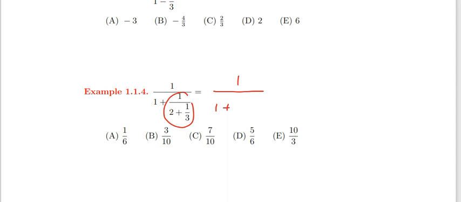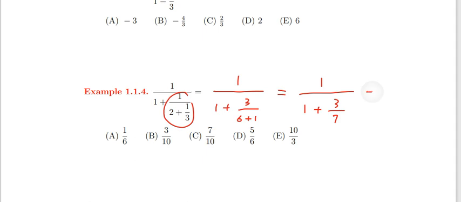So we don't like this 3, so we just multiply by 3. So this equals 3, and this multiplied by 3 is 6 plus 1. So 1 plus 3 here is 7.